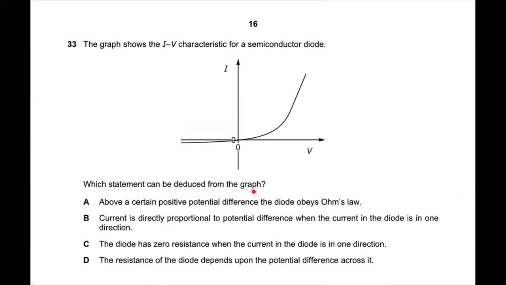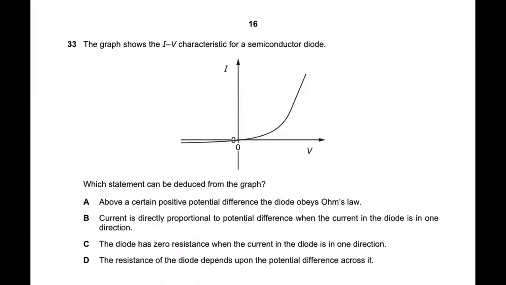Which statement can be deduced from the graph? Above a certain positive potential difference, the diode obeys Ohm's law. Now, it does appear here that if I go beyond this point, the line becomes straight, right? Is this a reason for it obeying Ohm's law?